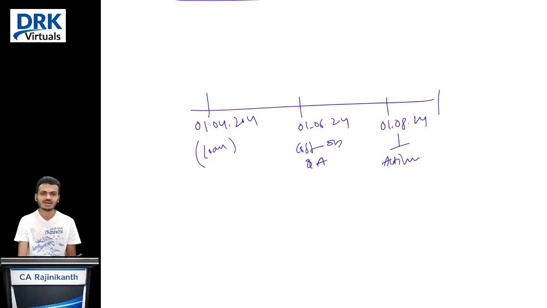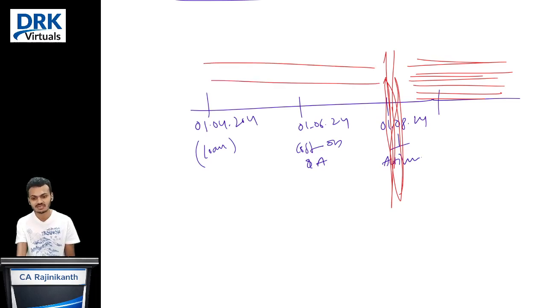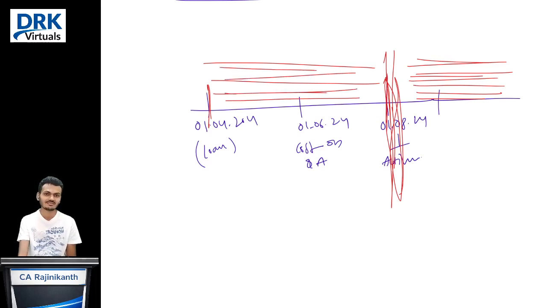Let's assume we applied for permission for construction of the qualifying asset from government authorities. So out of all these dates, which date is satisfying all conditions? 1st August, correct? So 1st August is our commencement date. From this date, whatever interest cost we are incurring, we can capitalize. Any interest cost incurred before, from 1st April to 1st August, you expense to profit and loss account. That is what the standard is saying.